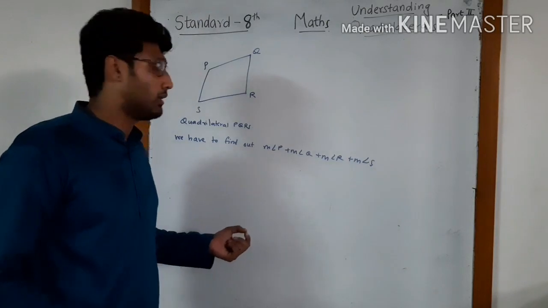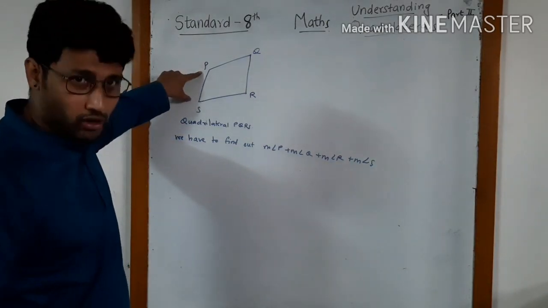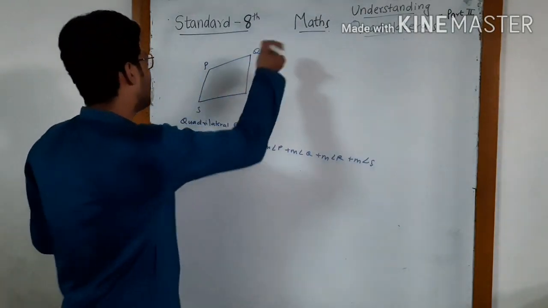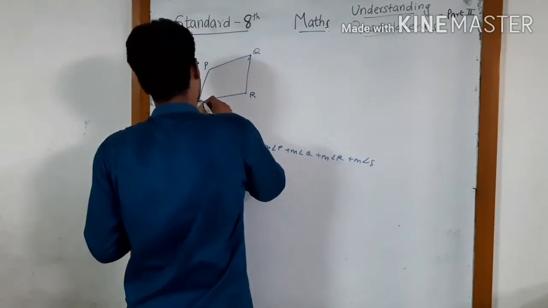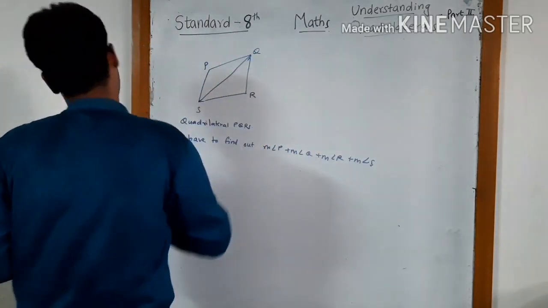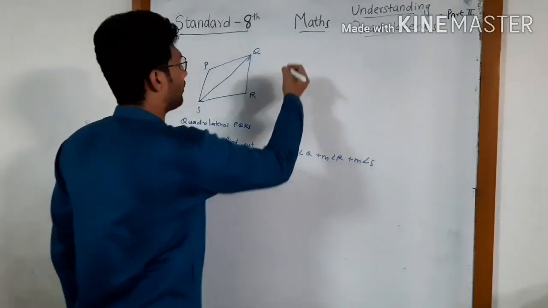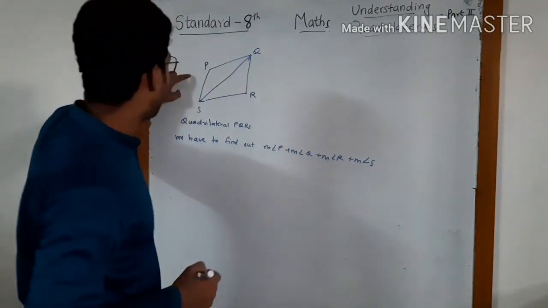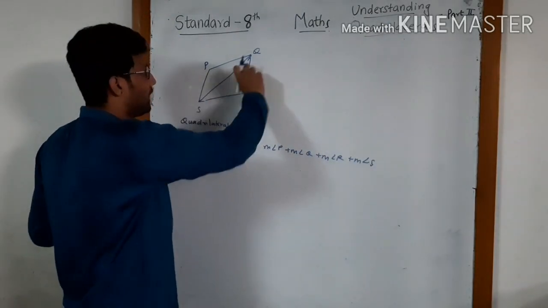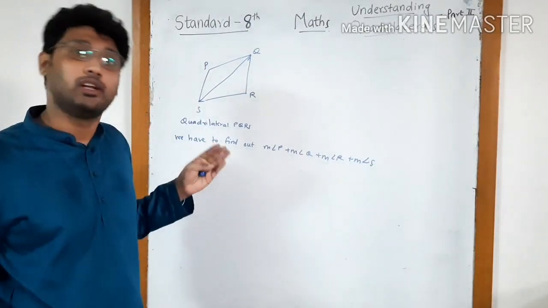So let us begin. Now, looking at the quadrilateral, let us make a diagonal. So we have SQ as the diagonal, right? Now, if you can see, after I draw the diagonal, I am dividing the quadrilateral into two different triangles.